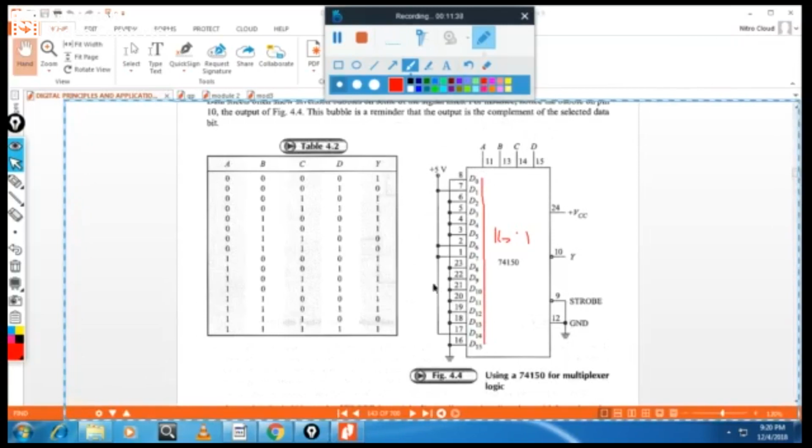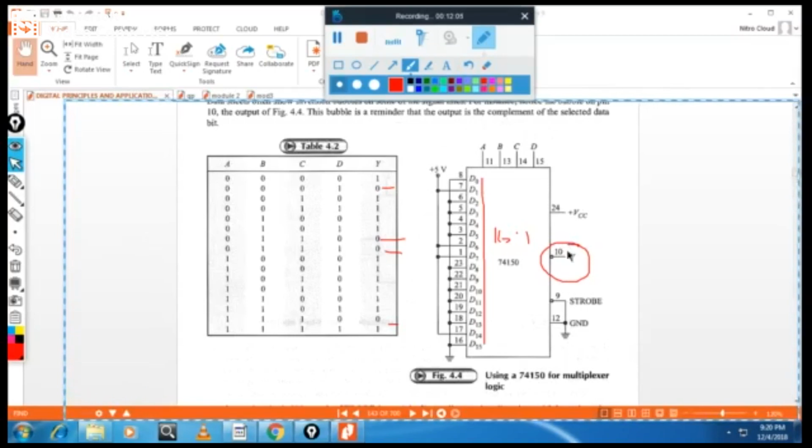Now, normally wherever the output is 1, we connect that pin to VCC. But in this case, wherever it is 0, you connect it to VCC. See, 0 is here in 4 cases, so these 4 pins you connect to VCC. You may ask why? Because we are getting an active low signal here.